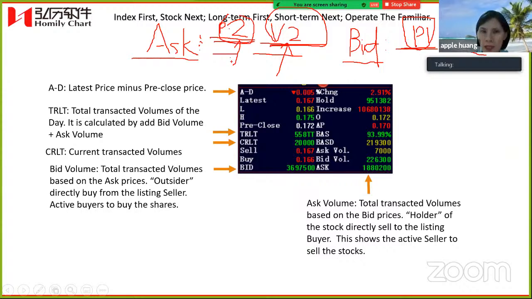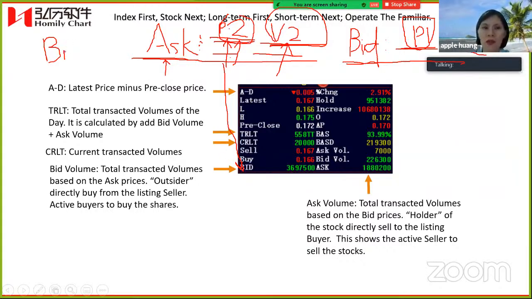Okay, so let's say a trader sees the bid and the ask, and he decides to accept the ask price and trade at this price. Then such an order goes into the bid volume, because he is willing to pay higher to get the deal done.